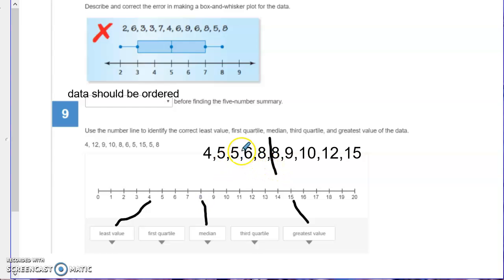Now the median of the lower numbers would be right here, that 5. So the first quartile is 5. And the middle of my upper numbers here would be 10. So my third quartile would be 10. So that's going to look far different from what this box and whisker plot up here is showing you.